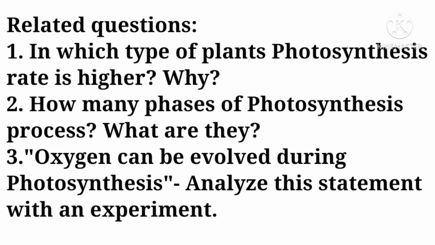Analyze this statement with an experiment. We have already discussed in this class how oxygen gas is evolved during photosynthesis. So you have to write the experiment with a figure, and write the steps of how oxygen gas is evolved during photosynthesis.